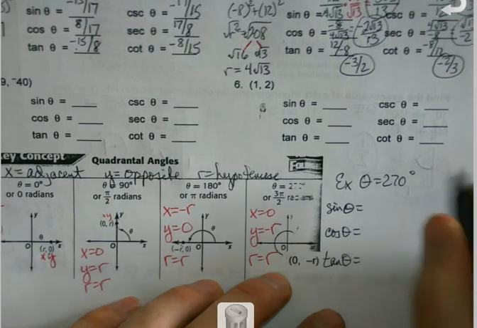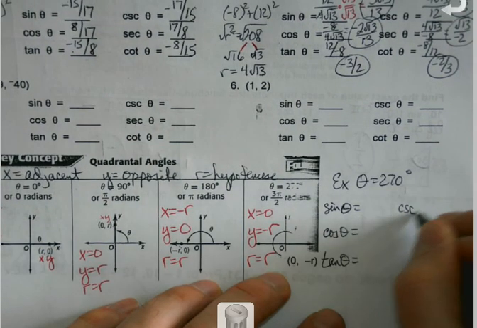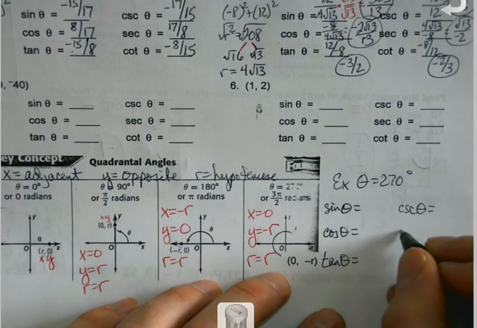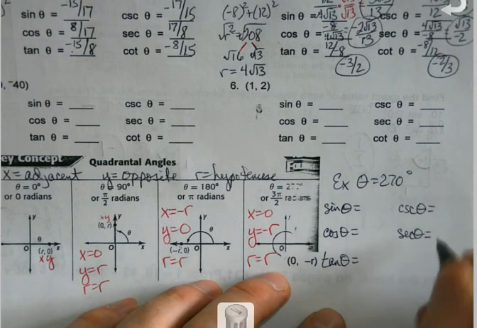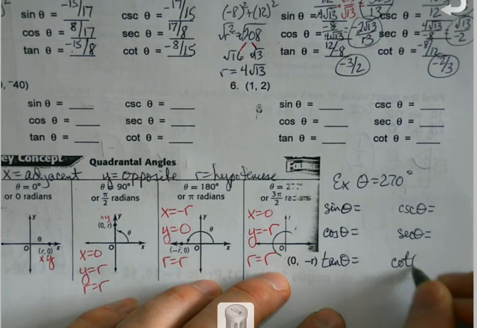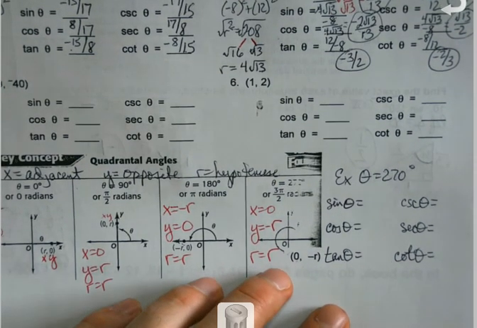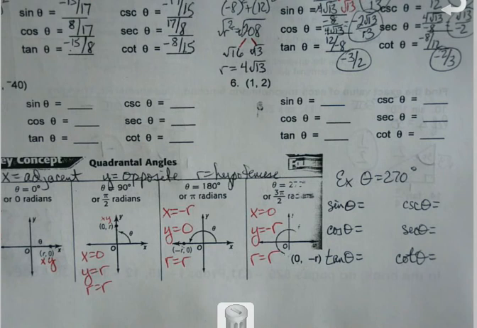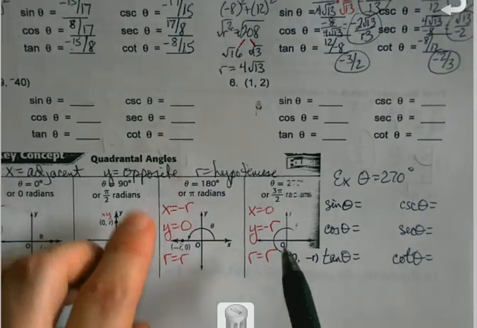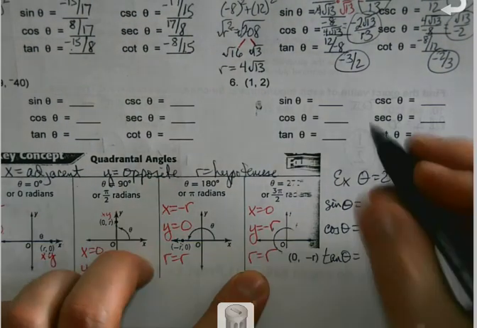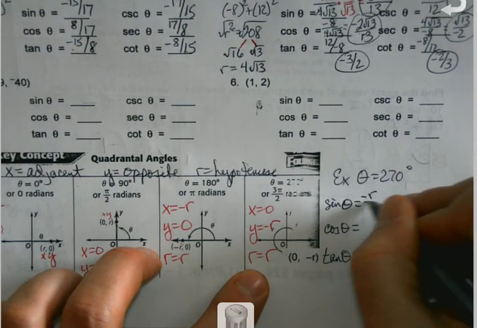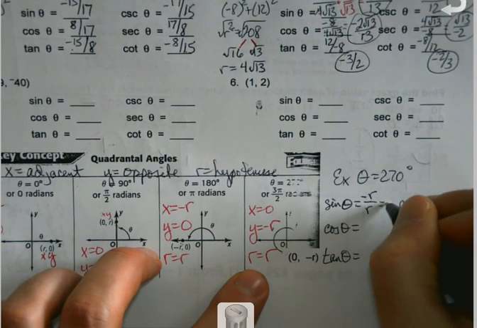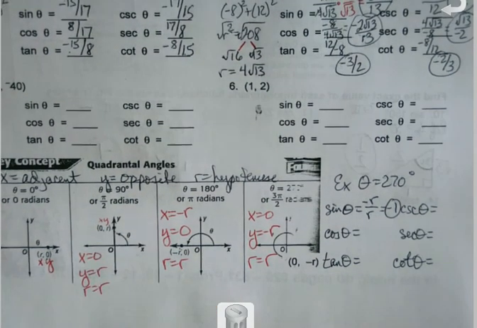And this way you'll have an example of how all of them would work, not just one of them. So I get this set, and I go, okay, sine is opposite over hypotenuse. Negative r divided by r would be -1.